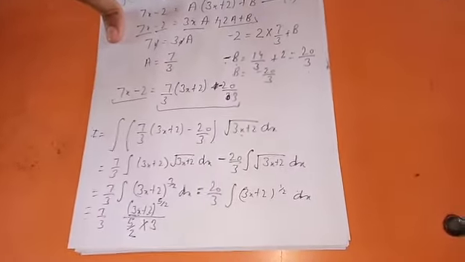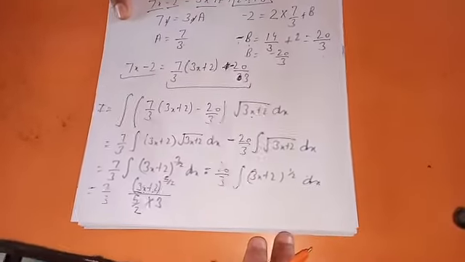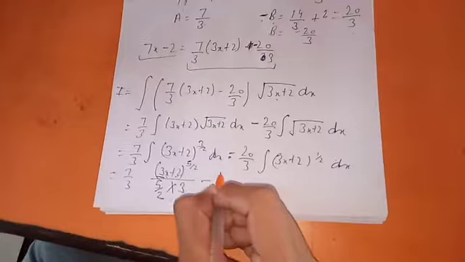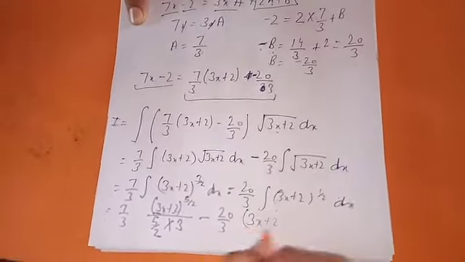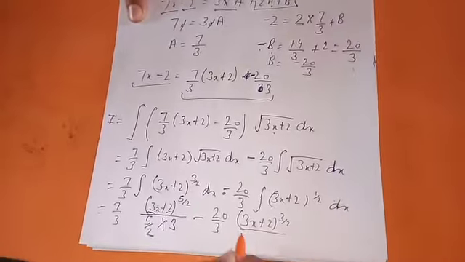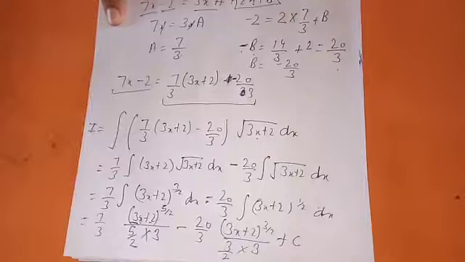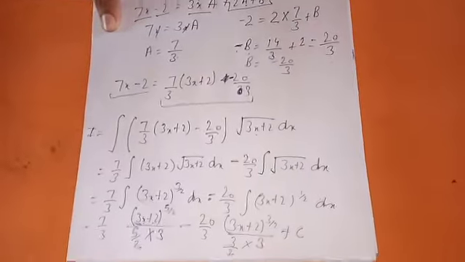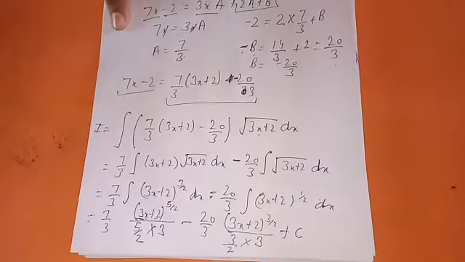Like in differentiation we would multiply it, here we are dividing. So minus 20 by 3 (3x plus 2) raised to power 3 by 2 divided by 3 by 2 into 3. Now we can just evaluate. We have solved.